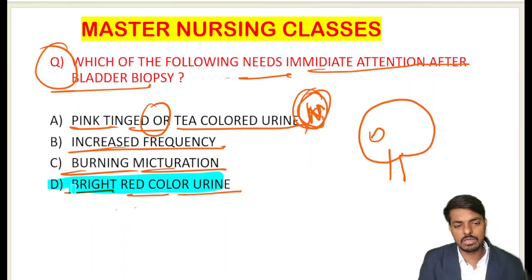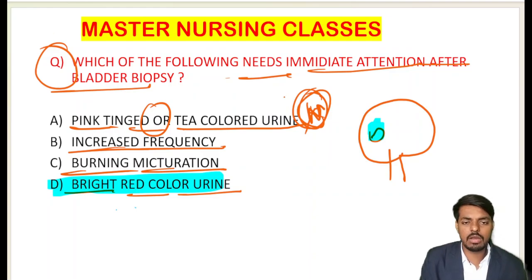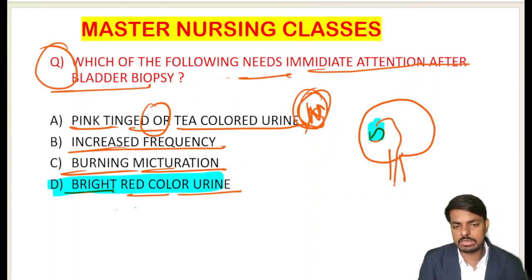Why? Because when we take a biopsy, we are breaking the mucosal integrity of the bladder, where some clots or pink-colored urine are accepted due to minor bleeding inside the bladder.